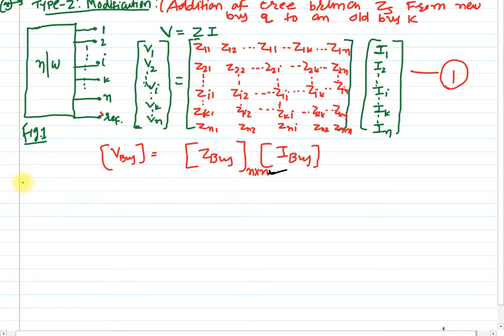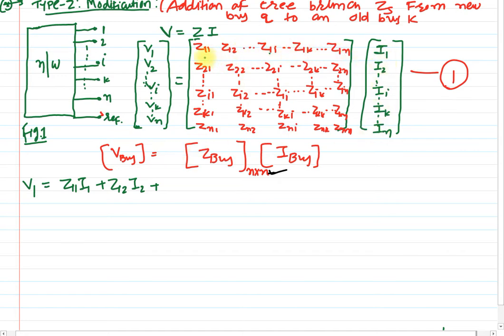Again I will write the equation of voltage at bus number 1, which is Z11 into I1 plus Z12 into I2. Just follow the sequence of bus or the follow-up sequence of voltages which is written over here in the matrix, Z11, Z12, Z1i, Z1K and Z1N with current.